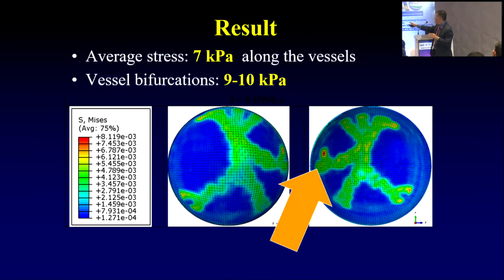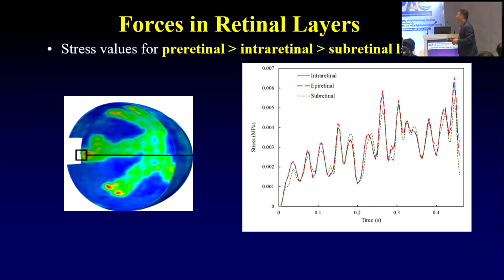And wherever there was a bifurcation of the blood vessels, because there's more direct contact and an adhesion of the vitreous to the retina, there's a greater force of 9 to 10 kilopascal. And that's the reason why you see retinal hemorrhages in the periphery, not just in the macula, because there are more bifurcations in the periphery. And when you look at the pre-retinal, intraretinal, and subretinal layers, they're all similar. The amount of force applied to these three areas was very, very similar. Now, this is going to become very important in just a little bit, okay?